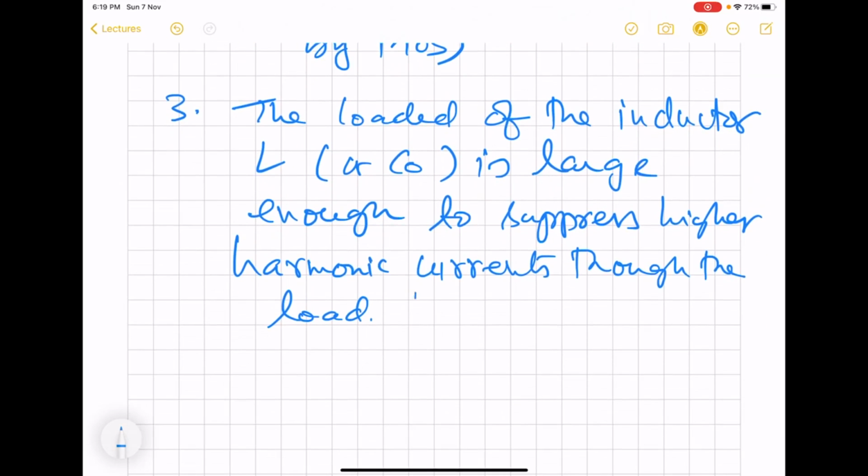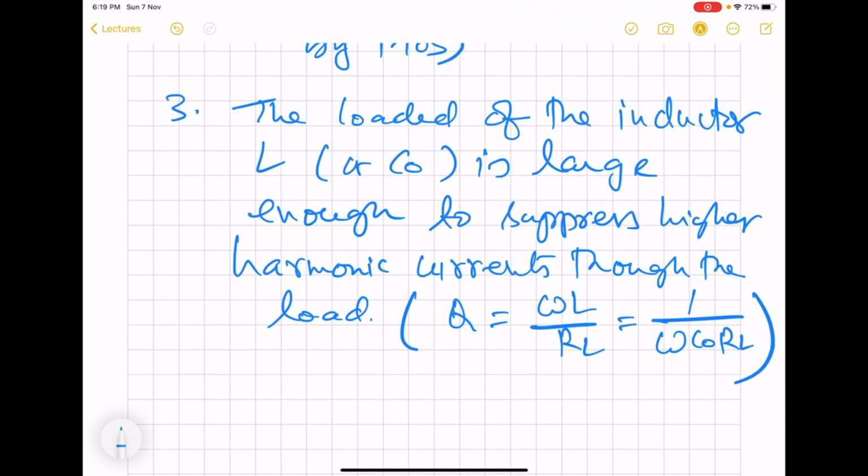And by the way, the loaded quality factor of the series LC naught circuit is going to be given by omega L by RL or 1 by omega C naught RL. So we are talking about loaded because we have the external resistor RL.